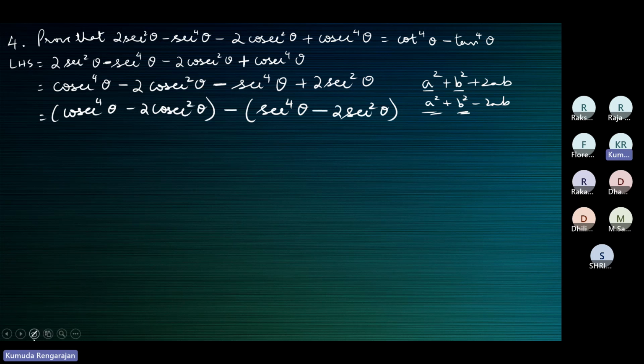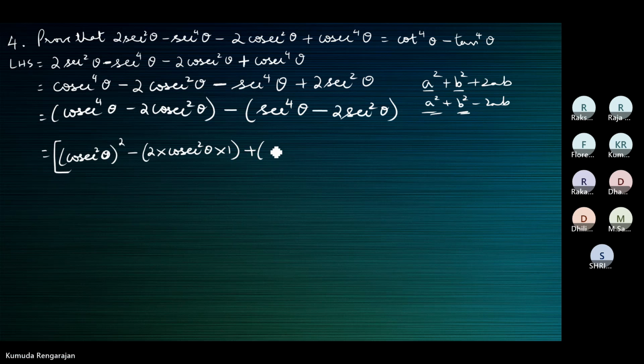So see it. This can be written as cosecant square theta, the whole square, minus 2 into cosecant square theta into 1. Then what do you need here to complete the square?